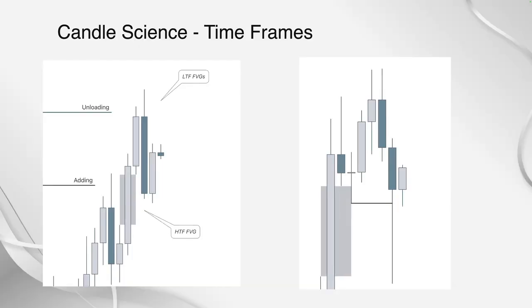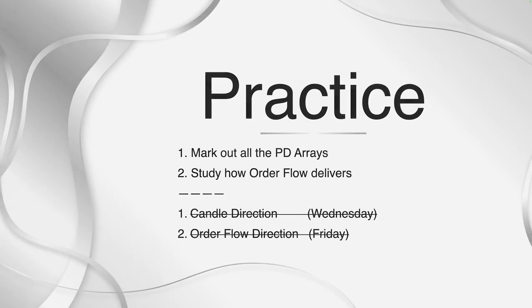So understanding how we look at candle signs in comparison, or actually equal, to order flow and seeing through the time frames, that leads us to the next point, which again is practice. I would advise you to mark out all the different PD arrays that we have.